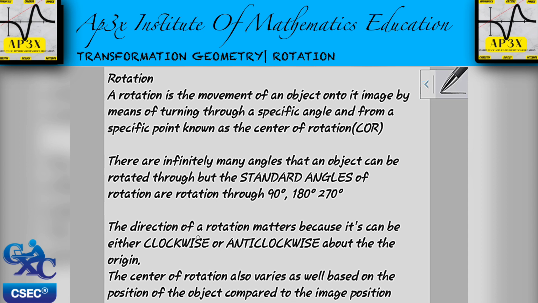Now, as I mentioned earlier, the tricky bit of this is not necessarily that the angle is rotated through 90, 180, or 270, or that it's been rotated from a specific point. What makes this a little challenging is understanding the direction that you're rotating the object in. For me personally, when I'm teaching my students, I particularly focus on anti-clockwise rotation.